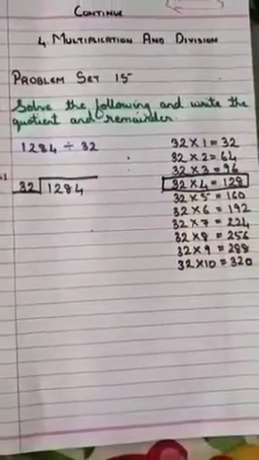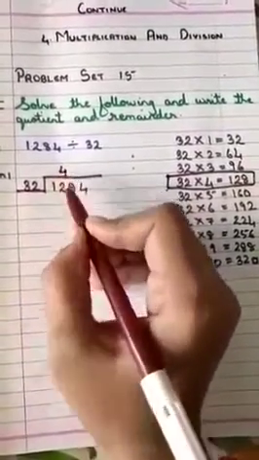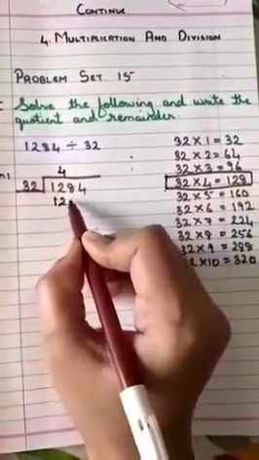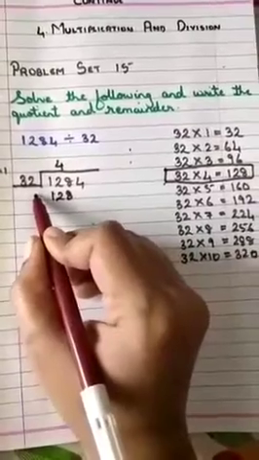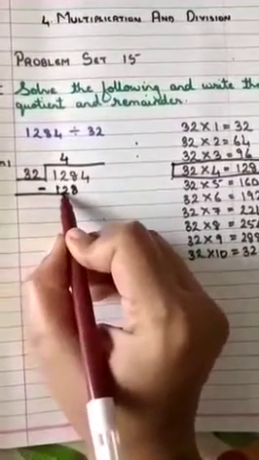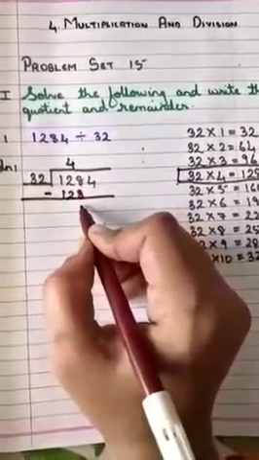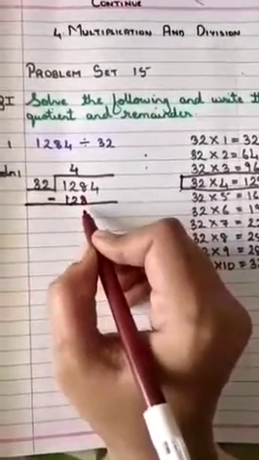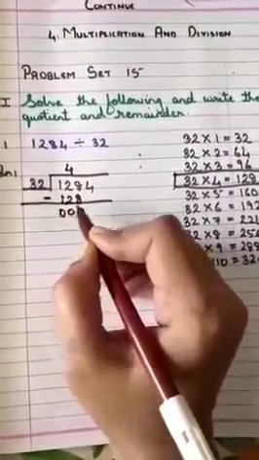So we'll write here 32 fours are 128. What will we write here? Minus sign. So what will the answer become? 8 minus 8, 0. 2 minus 2, 0. 1 minus 1, 0.